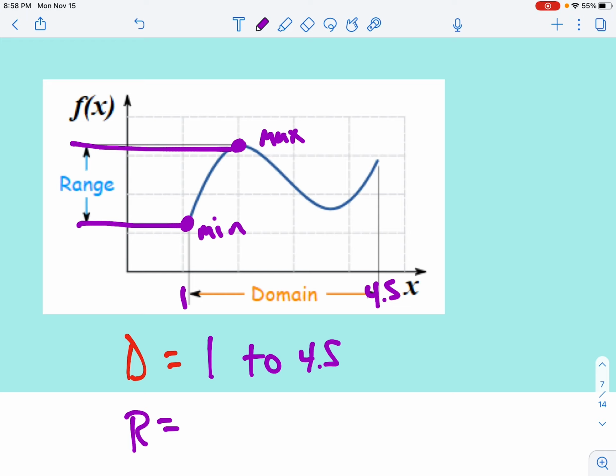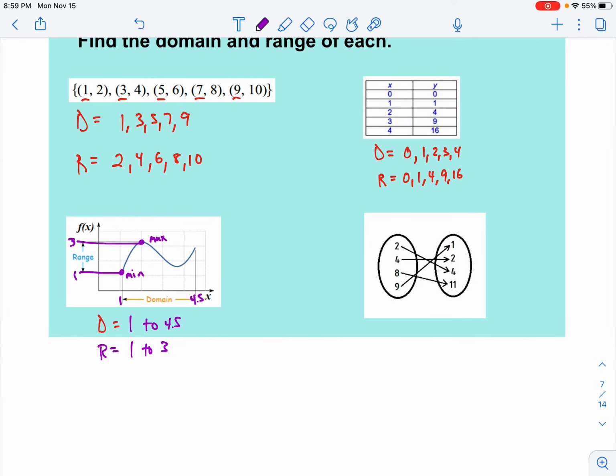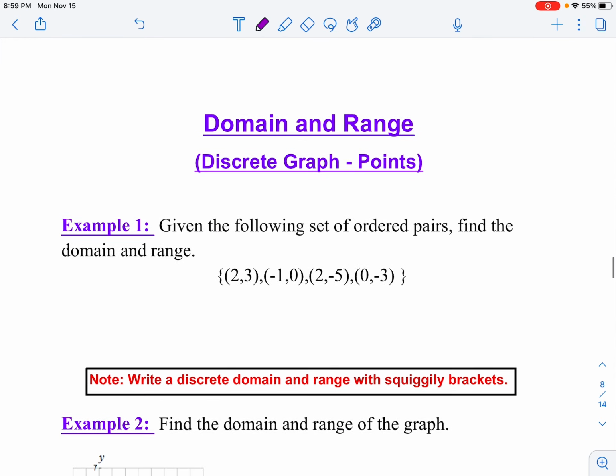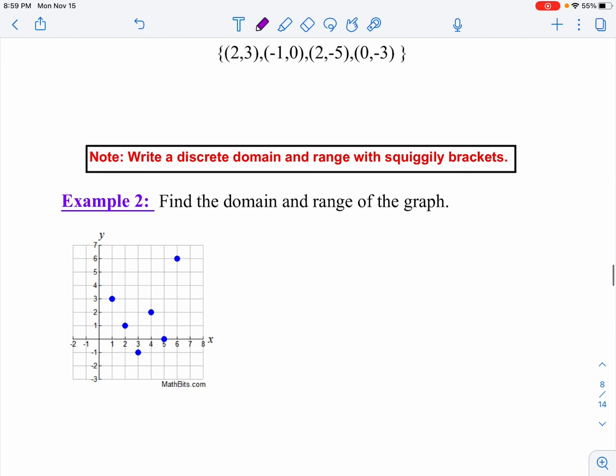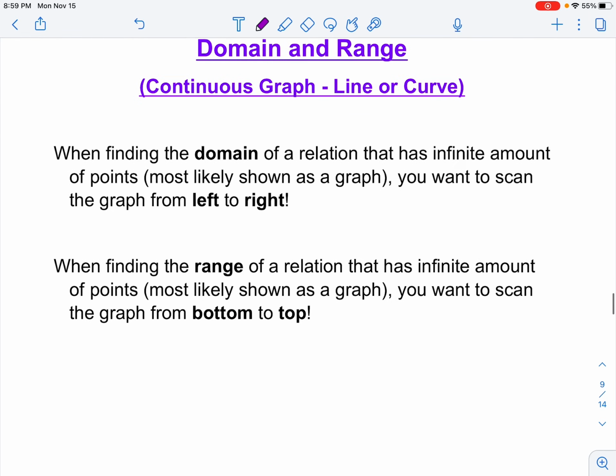You're going to look down to up. So this is about 1, and this is about 3, right? This graph is a little off the lines, but it looks like it's around 1 to 3. It's 1 unit up to the third unit. So that's really what domain and range is.